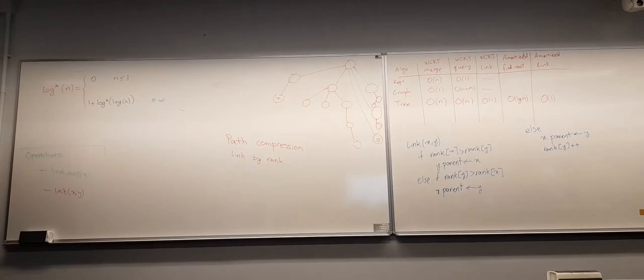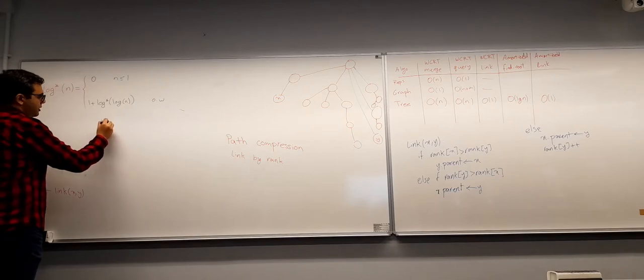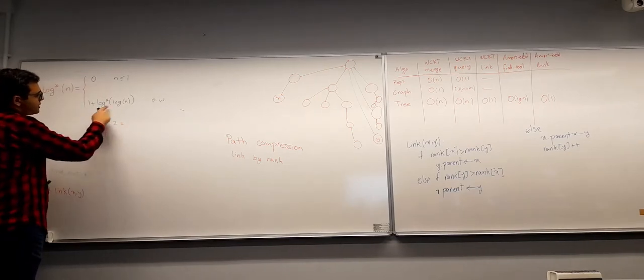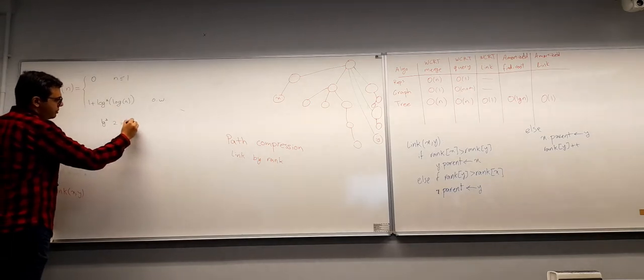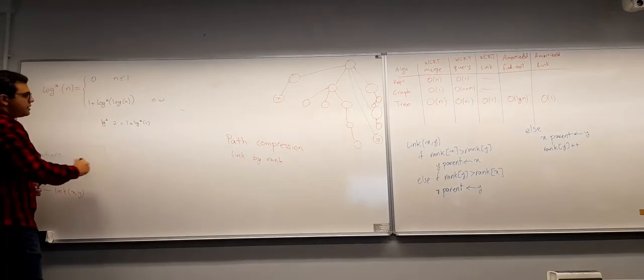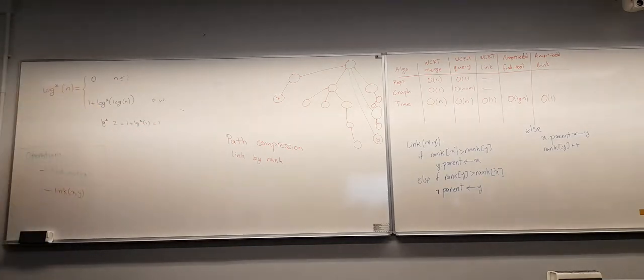Okay, so this is how I'm defining log star recursively. Okay. So to give you some examples, log star of 2 would just be 1 plus log star of log of 2, which is 1 plus log star of 1. And log star of 1 is 0, so log star of 2 is just 1. Okay.